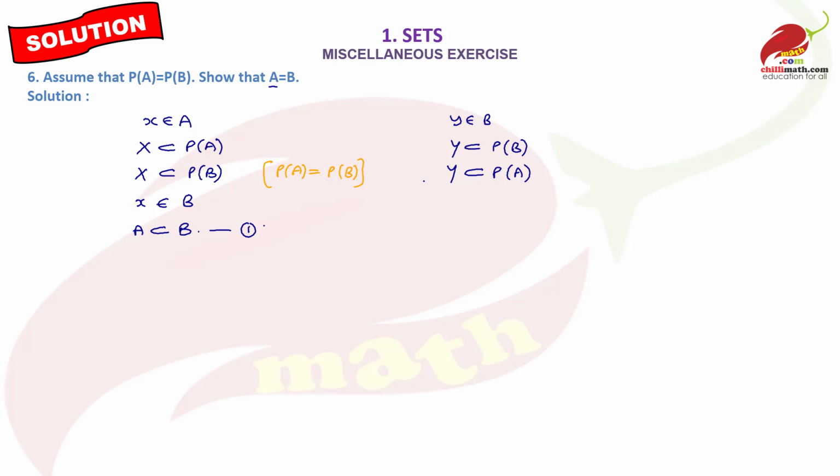So we can write this using the same argument. The small y belongs to A, y belongs to B, and y belongs to A. Therefore, B is a subset of A. This we mark as equation number 2. So from 1 and 2, A is equal to B. That's your result.